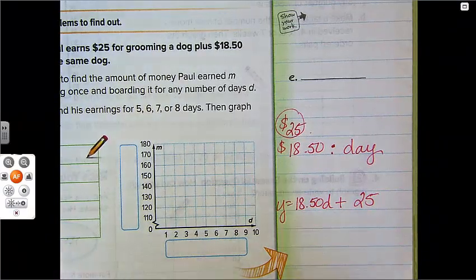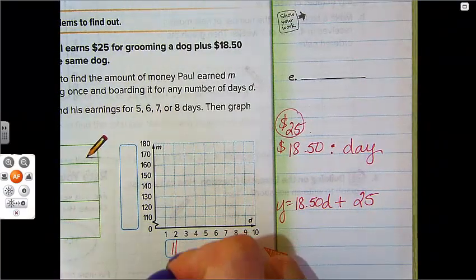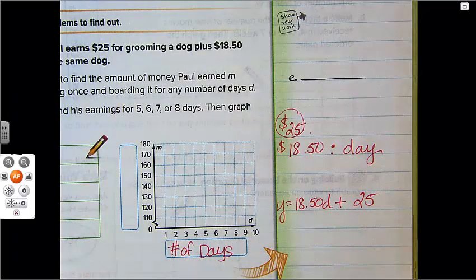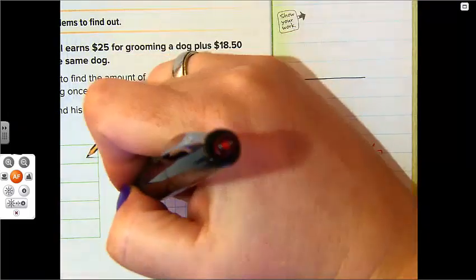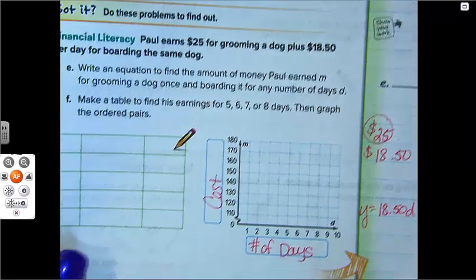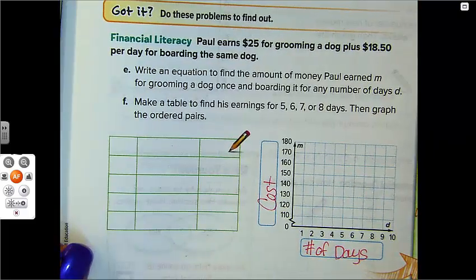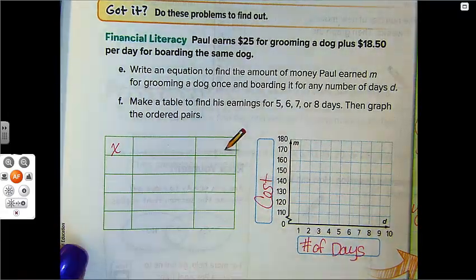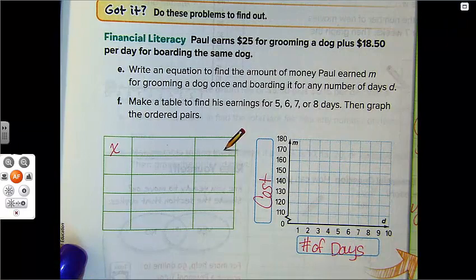So D is going to be the number of days, and C is going to be the cost. So that's what we have to look at. Okay? The total cost. So my X values are my D, the number of days. So my X's are my number of days.